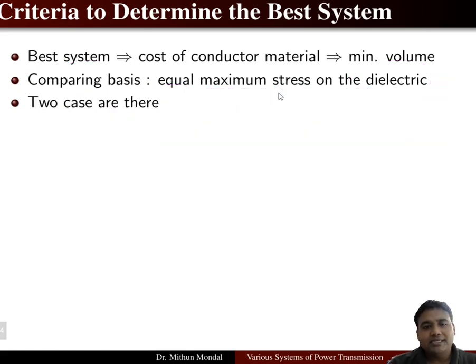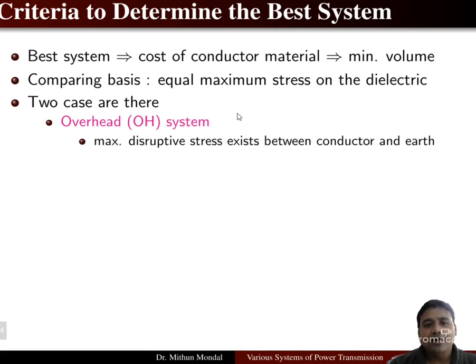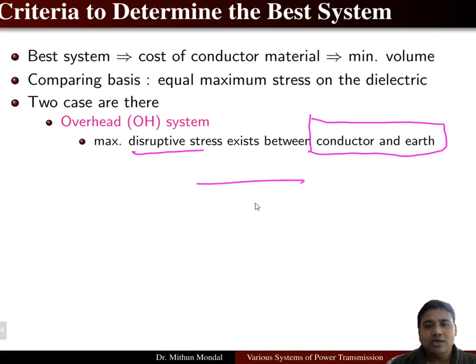Now two cases may occur. Generally two cases will be there. The first is the overhead transmission line or overhead system. Here the maximum disruptive stress exists between the conductor and the earth. So here you have your line, and this is your earth or the neutral wire. You can consider this to be neutral or earth, and the maximum disruptive stress occurs between these two conductors.